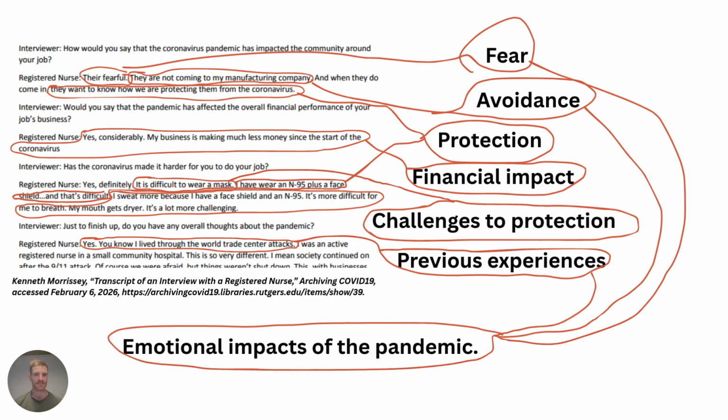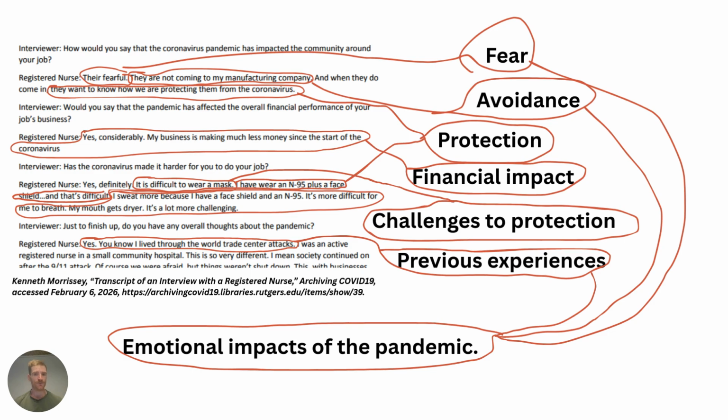Whereas other aspects of this involve the financial impacts and the challenges to physical protection from the virus. So these I wouldn't include under emotional impacts of the pandemic at this time, at least, because to me they are quite different.